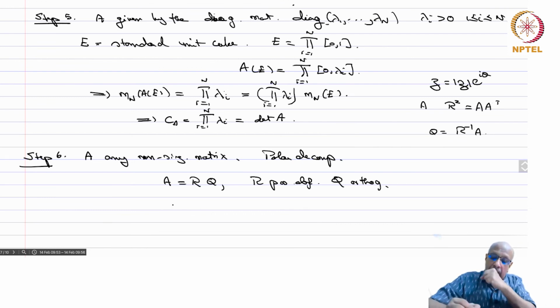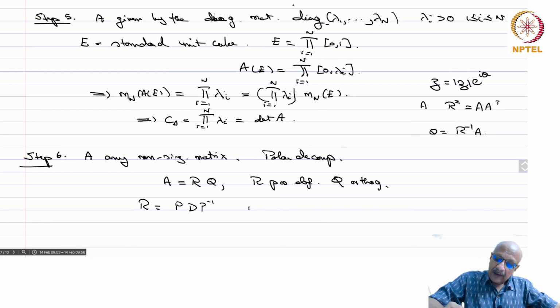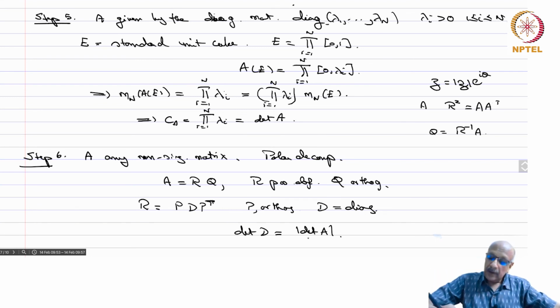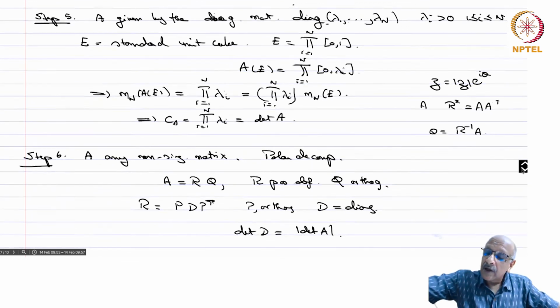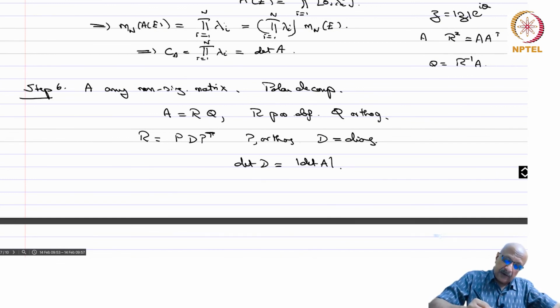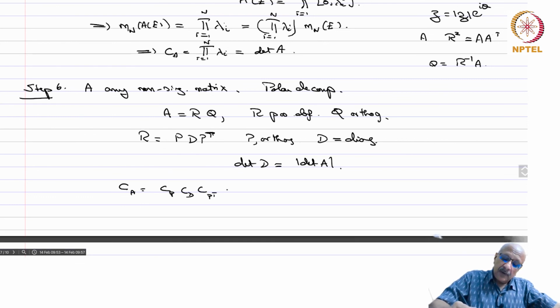Okay, so R itself is positive definite, therefore you can write this as P D P inverse, or rather P D P transpose, P orthogonal, and then D is diagonal, and the determinant of D is the determinant of R, and that is nothing but the modulus of determinant of A. And now you have C of A is equal to CP, CD, CP transpose, CQ.